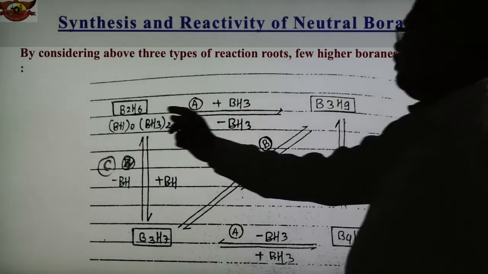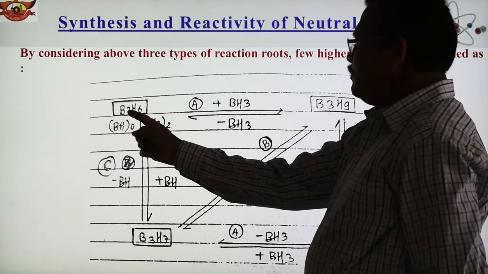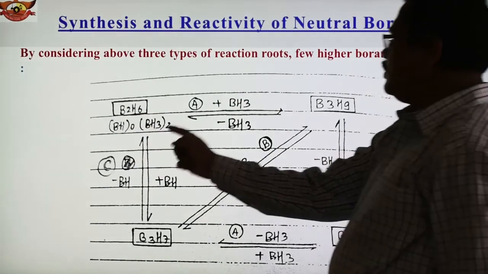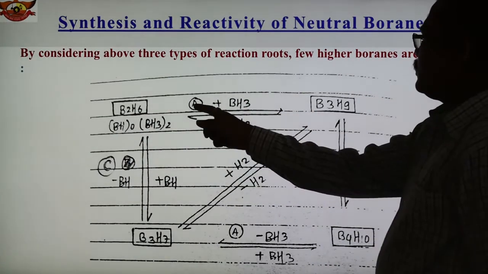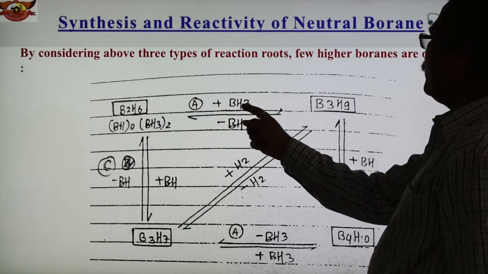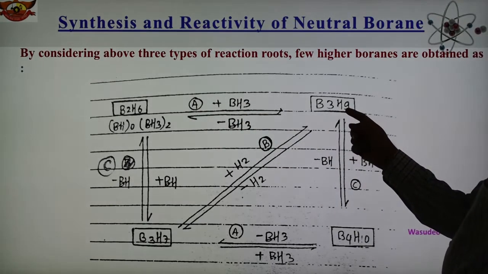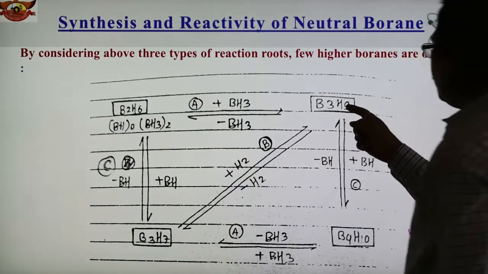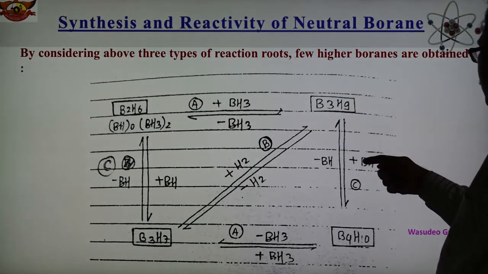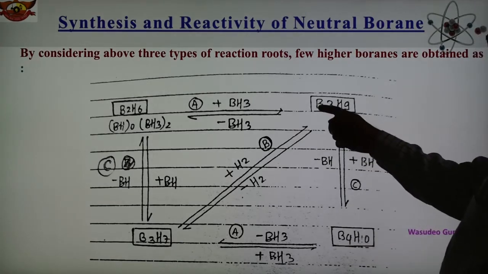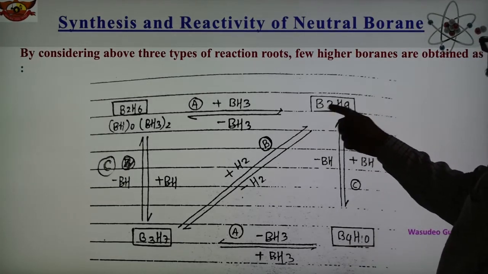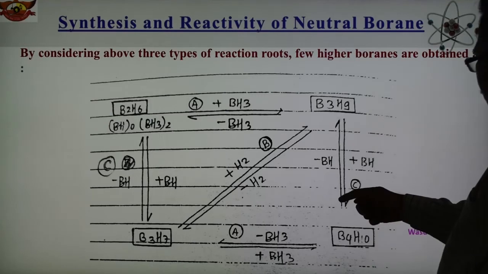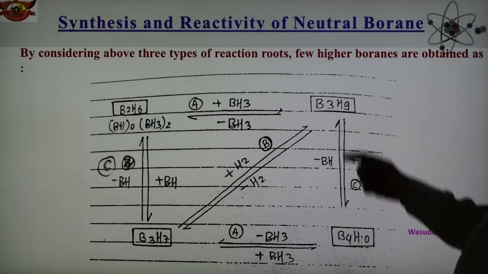Here B2H6, diborane, which can also be written as BH3 BH3 (BH3)2, plus BH3 we get B3H9, and if you remove it again we get back the original. Now from this, plus BH we get B4H10, and removal of BH gives this compound again.